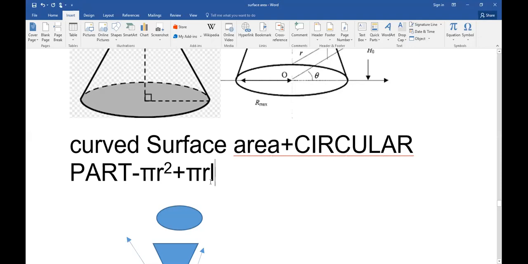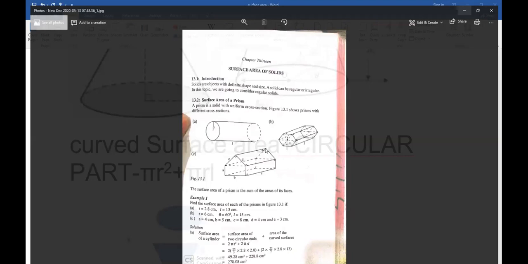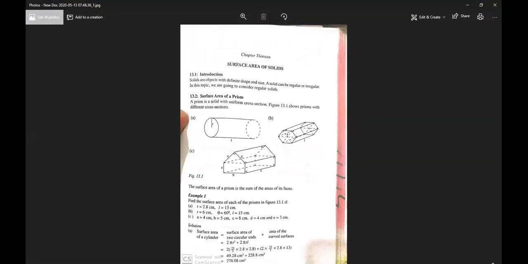So I want us to look at one example, and then we can solve that, the example of a cone. Let me see.